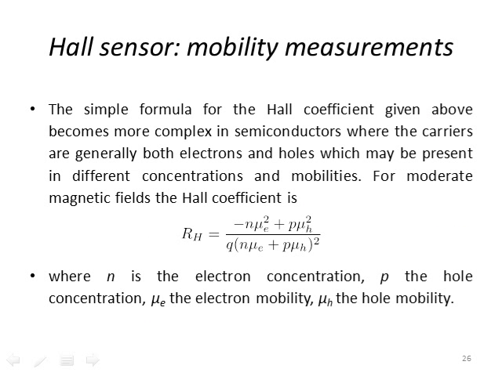A very important application is doing mobility measurements in different types of materials, where, with a series of experiments in different types of Hall structures, you generate this Hall potential across the material by the application of magnetic induction, and you can characterize the mobility of the electrons and the holes. This is used quite extensively in the semiconductor industry and in other industries as well, and in basic science, characterizing materials.